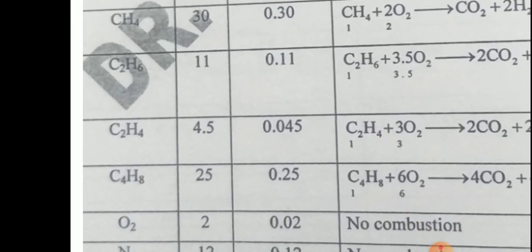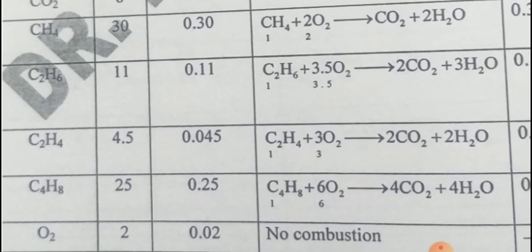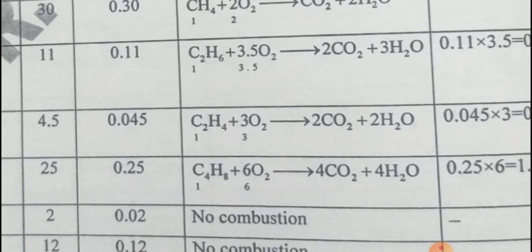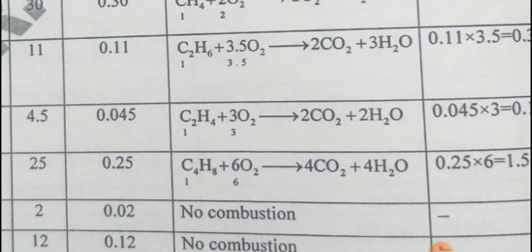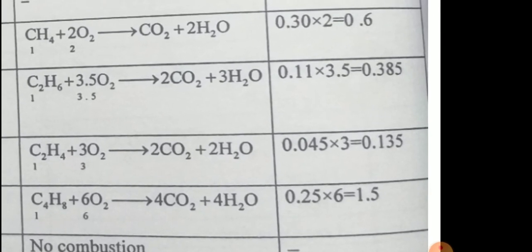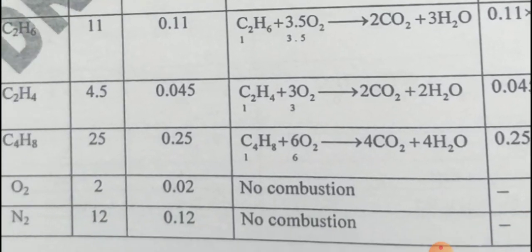Then for ethane, 11% in 1 meter cube is 0.11 meter cube. The reaction of ethane with oxygen is 1:3.5. So 0.11 is multiplied by 3.5 to get 0.385 oxygen requirement.